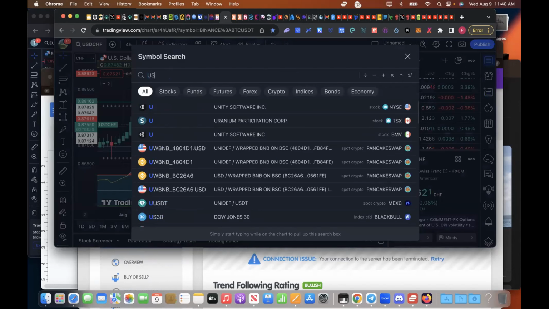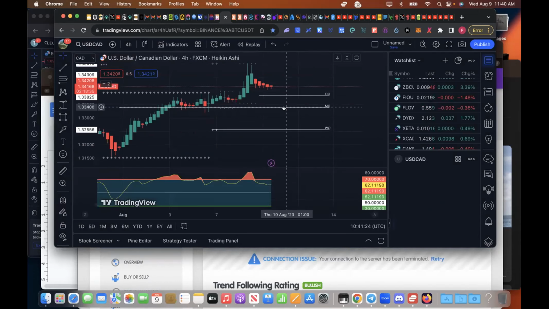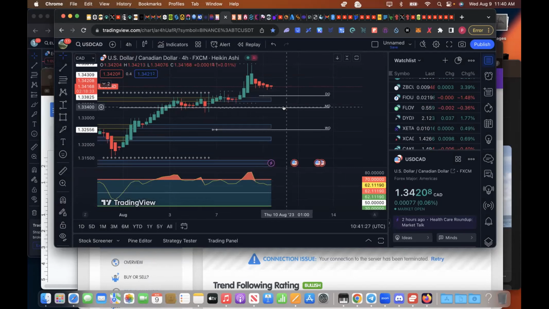Let's look at the USD CAD again. It's very deceptive. Very, very deceptive. One, two, and then all of a sudden, a very deceptive market.